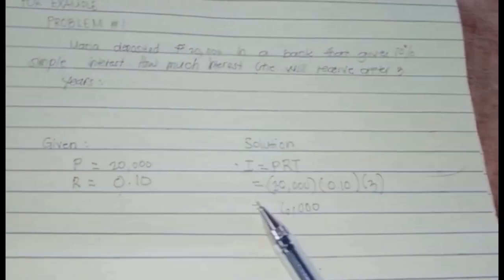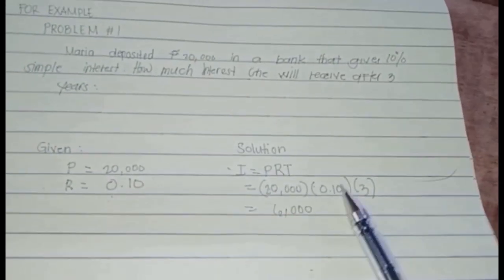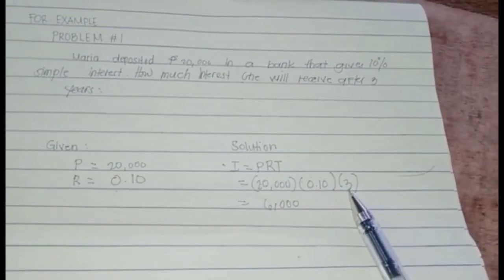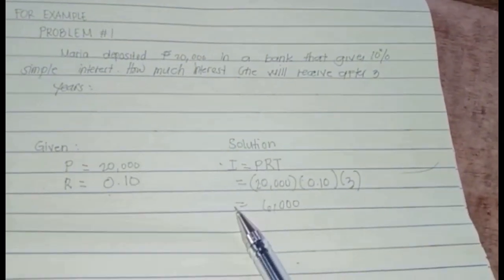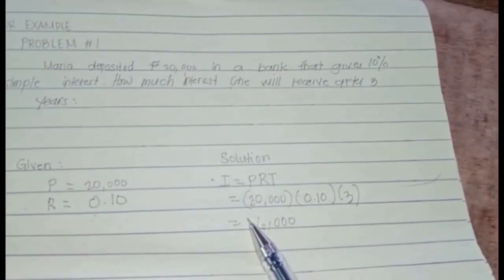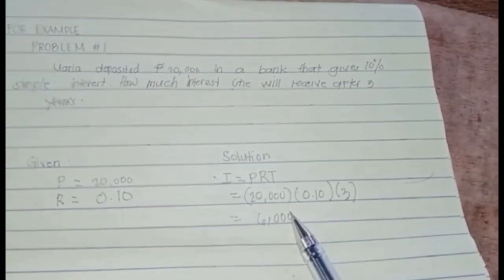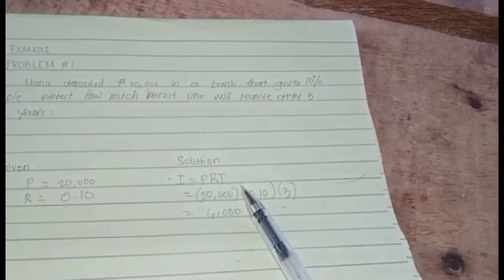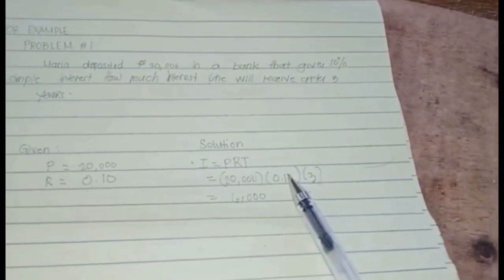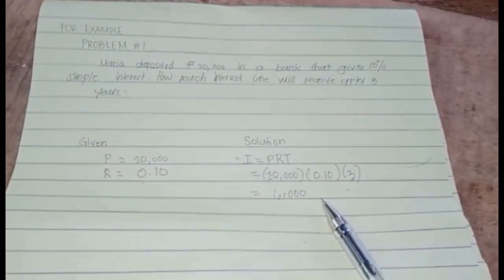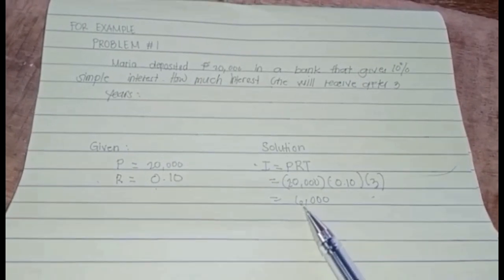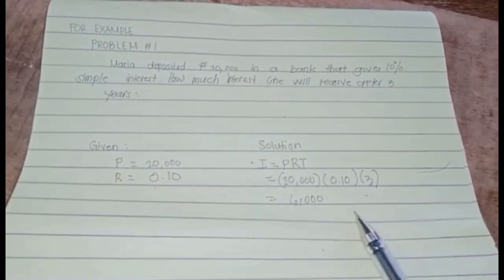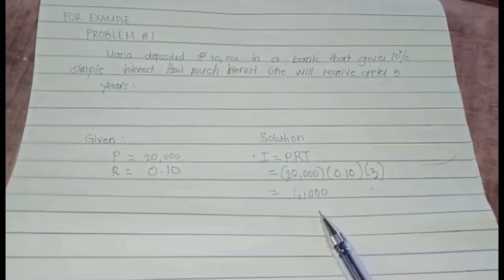So P times R times T. Let's calculate it on the calculator. 20,000 times 0.10 times 3. The answer is 6,000.